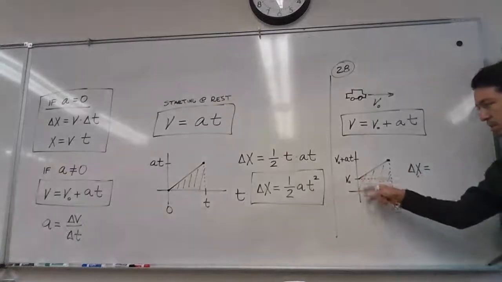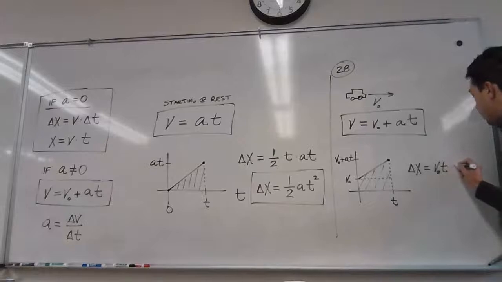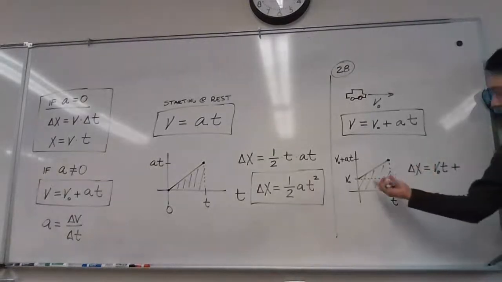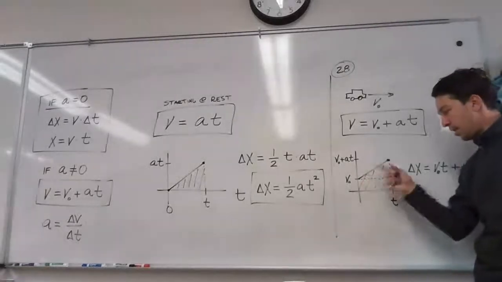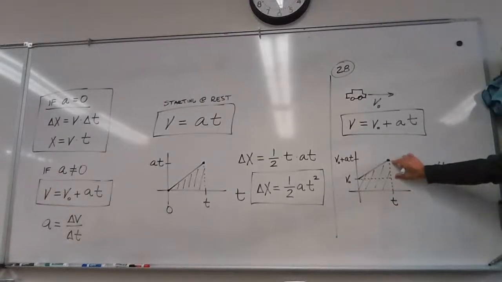Its height is v0. So v0 times t, plus, how wide is this triangle? t. How tall is it? at. Very good.